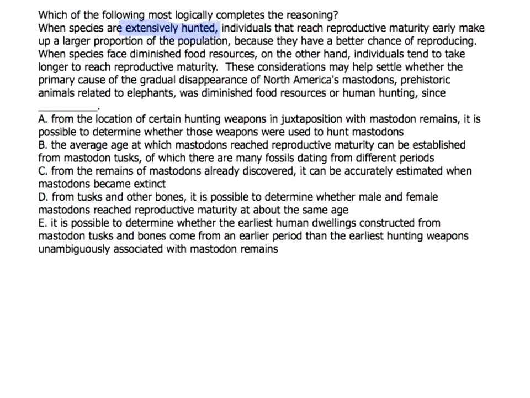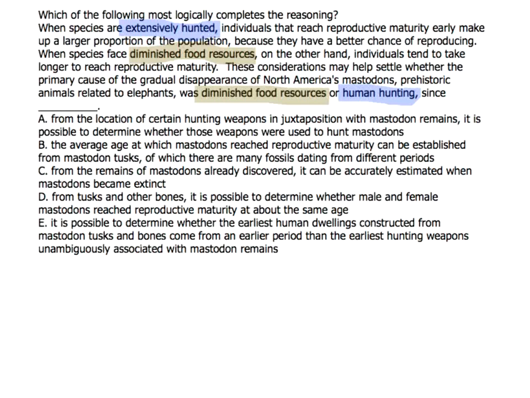So extensively hunted goes with this, whereas this idea here is verbatim the same as that. So that's an easy connection to recognize.